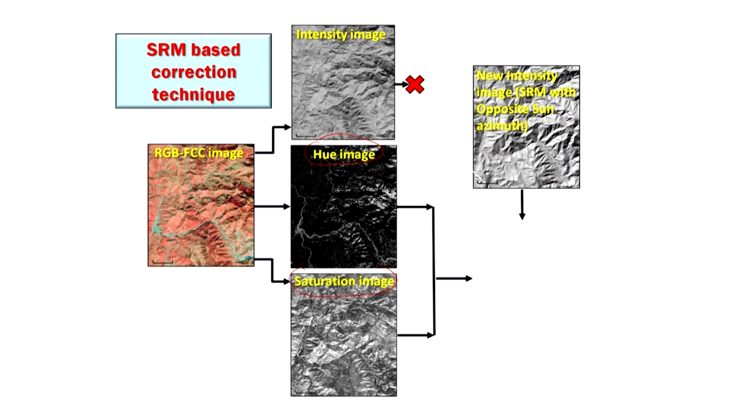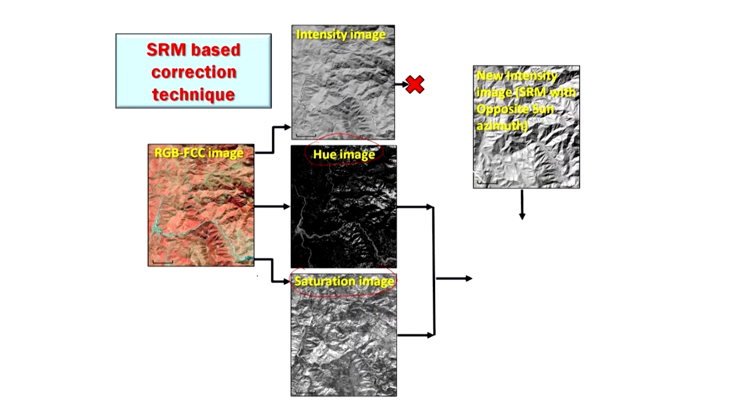And this intensity image was replaced by a simulated image which has been created using a digital elevation model, and this image is called a shadow relief model. As per our requirements we can create our own illumination source rather than depending on the natural illumination source, which is the sun.